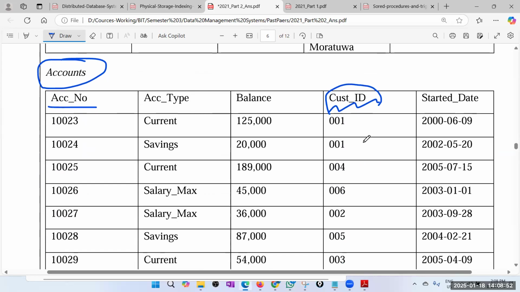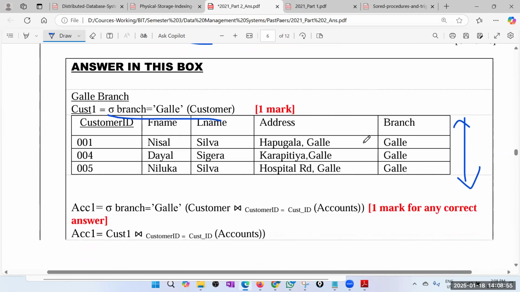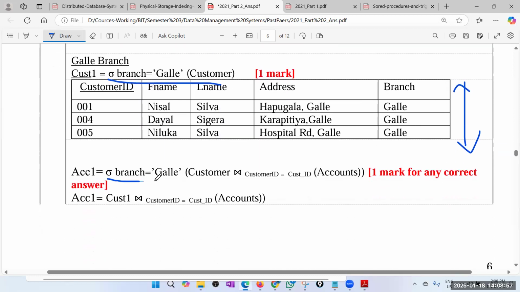Let's see what the examiner's answer is. Yes, they have done a sigma for Galle. Then they have joined it with the customer account. Joined, and then joined again. Is it two answers or the same answer?